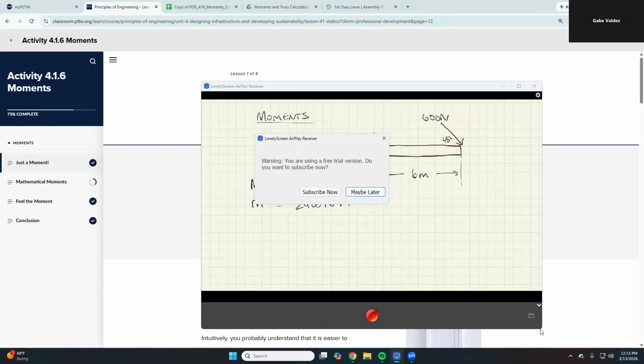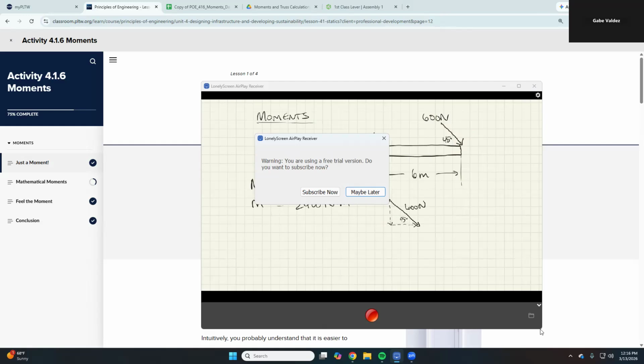So what we have to do in a situation like this is find what that perpendicular force is, or in this case, the y component. As you recall from my force vectors lesson, we have a 600 newton force that's down and to the right. So it's going to have a component that's downward, and that downward force is what's going to give this the tendency to rotate.